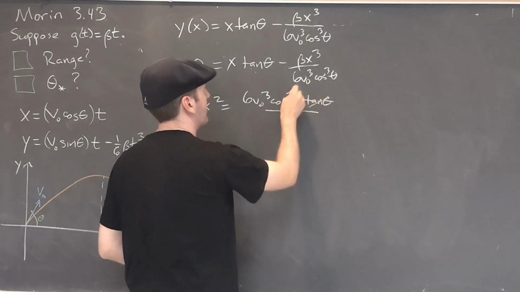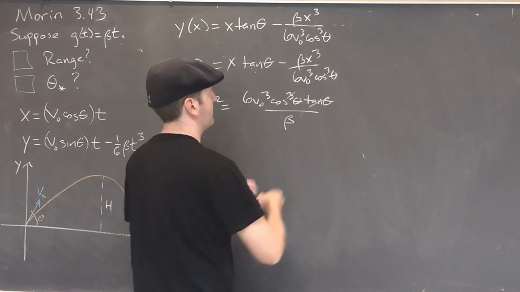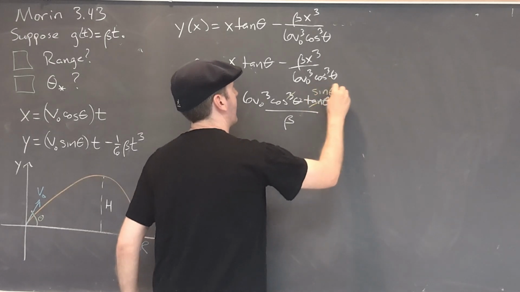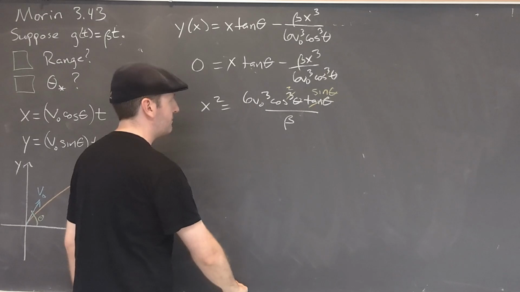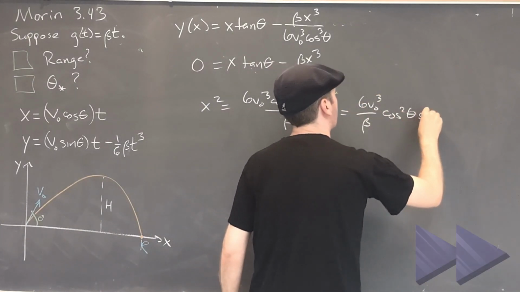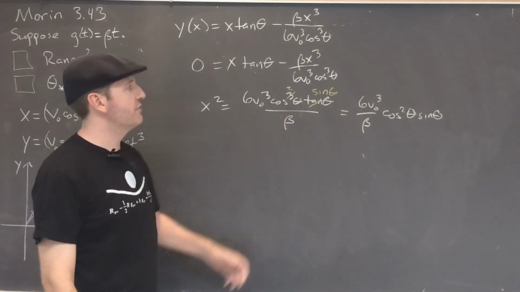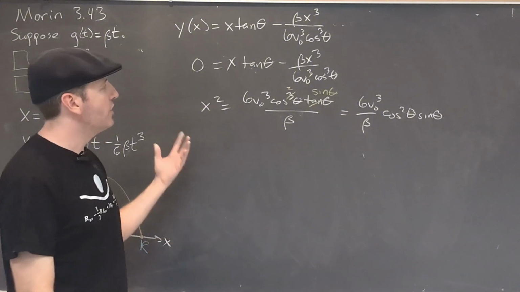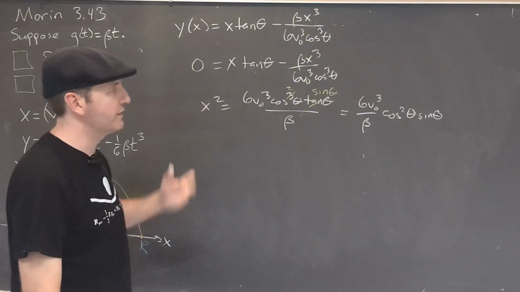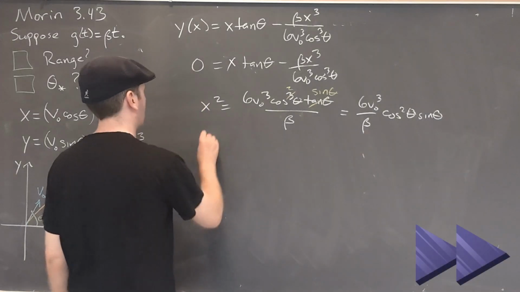The tangent and one of the cosines will cancel down to sine and a cosine squared. So that is our expression for x squared. Notice that, of course, we only want x, so I'll take the square root of that, and that'll give us our range.